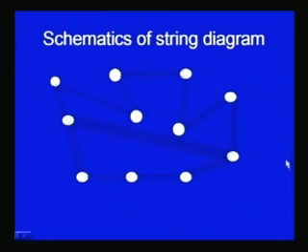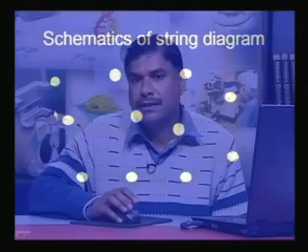So, the visual impact of the string diagram helps to easily understand the kind of movement which is there between the different stations of the worker or of the material.